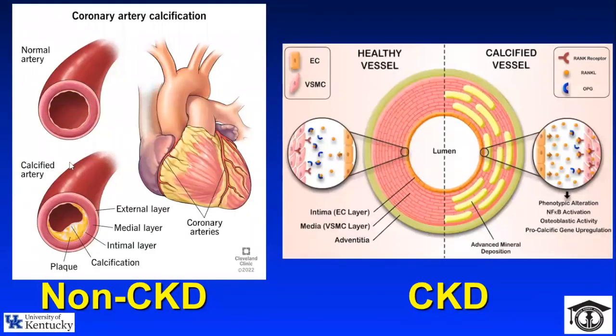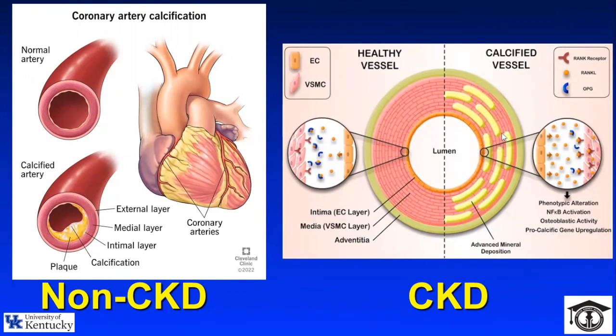In patients without chronic kidney disease, when cardiovascular calcification happens, it happens inside the intimal layer and usually compromises the patency of the artery, and it's usually eccentric. The calcification happens on top of atheromatous plaque in cases of atherosclerosis and the traditional risk factors for atherosclerotic disease.